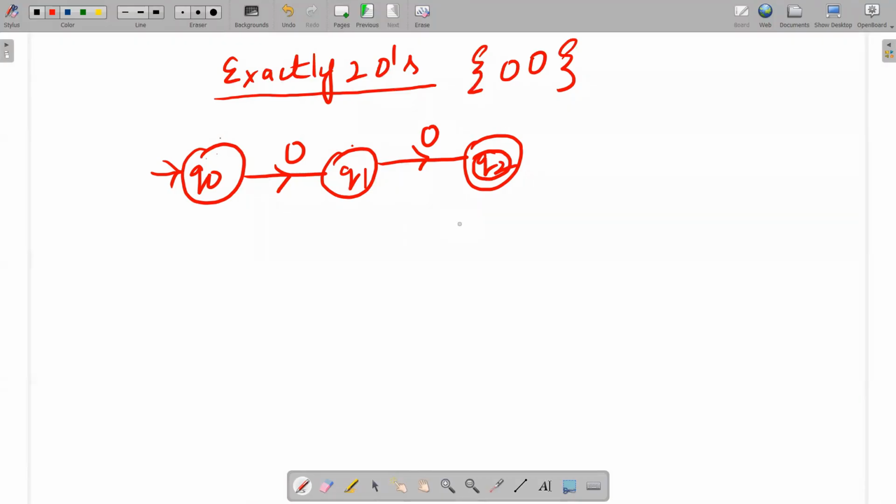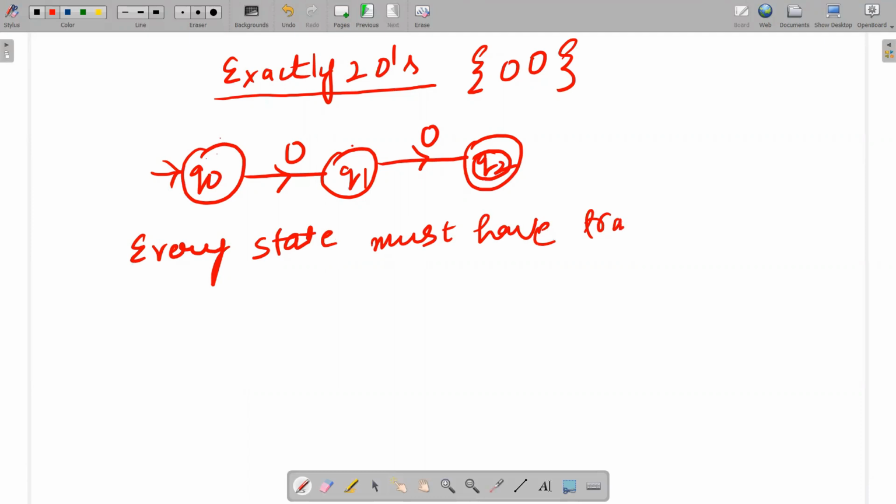Fine. Now the definition of DFA says every state must have a transition with every input symbol.